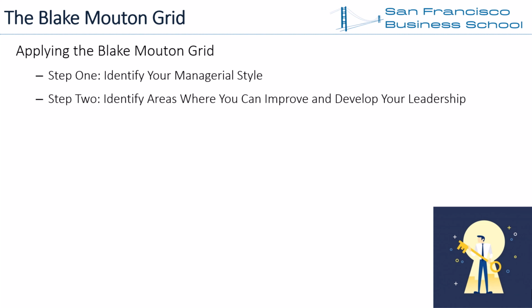Step 2. Identify areas where you can improve and develop your leadership skills. Look at your current approach. Are you settling for middle of the road because it's easier than reaching for more? Think about whether your style suits the situation you are in. If you feel that you are too task-oriented, then you can try to involve your team members in creative problem-solving, improve how you communicate with them, or work on your mentoring skills.